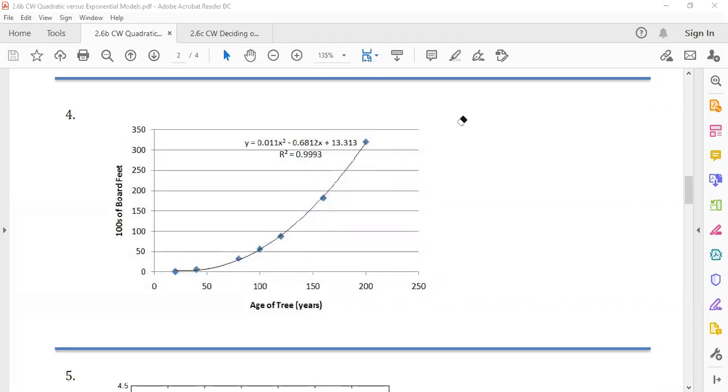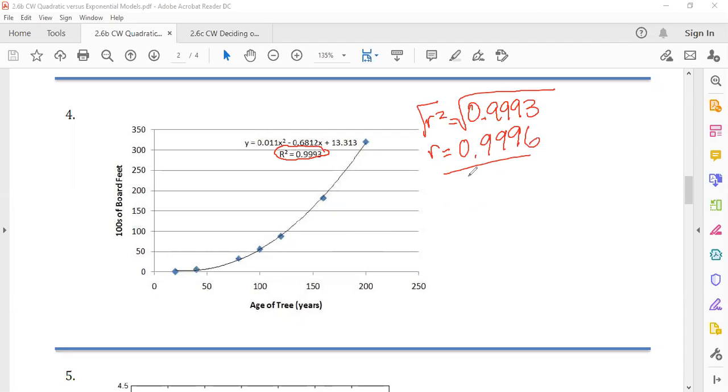Also, we have our function here, right? Our function gives us an r squared. It tells us that our r squared is 0.9993. So if I want r, my correlation coefficient, I can just square root this. When I square root it, I get my r as 0.9996.